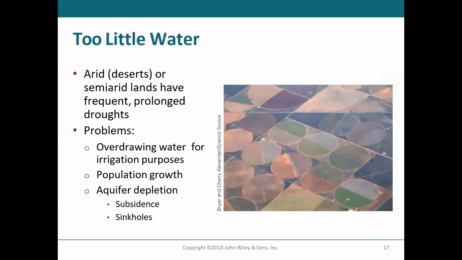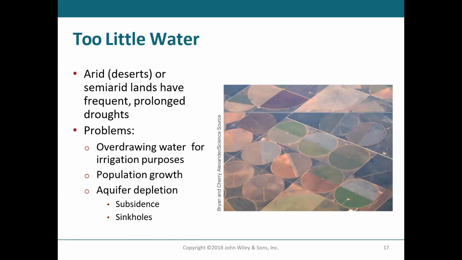Now we're going to talk about too little water. I don't know if you guys heard me mention, but arid lands or deserts have frequent or prolonged droughts, right? And how does this happen? Well, overdrawing water for irrigation, which I mentioned earlier, is becoming more and more common because of worldwide efforts to produce enough food for a never-ending increasing population.